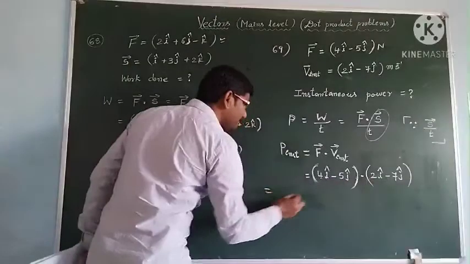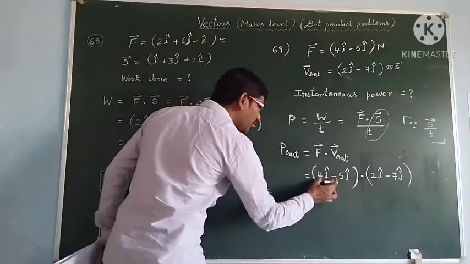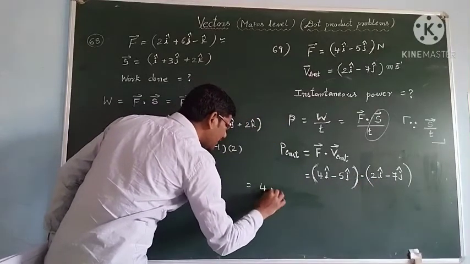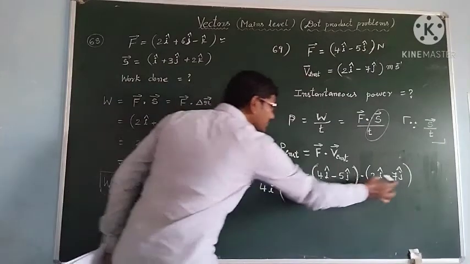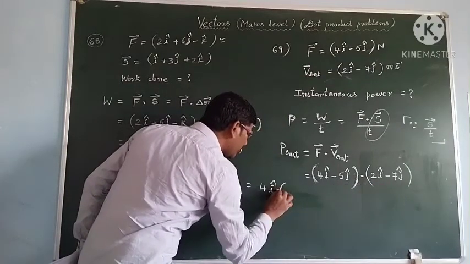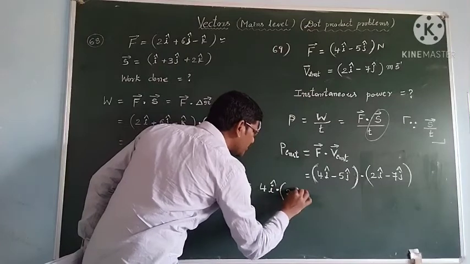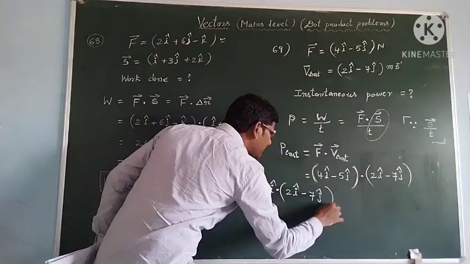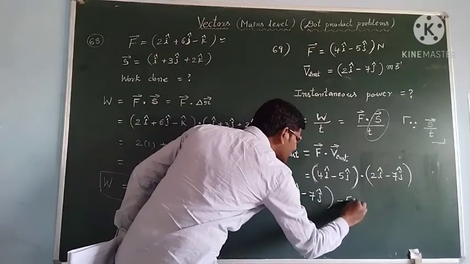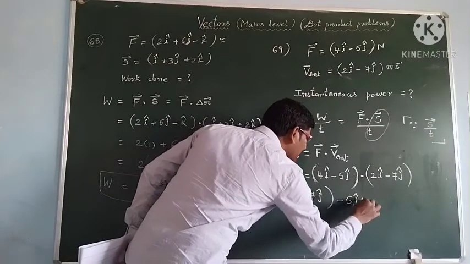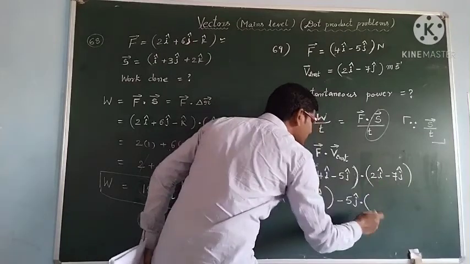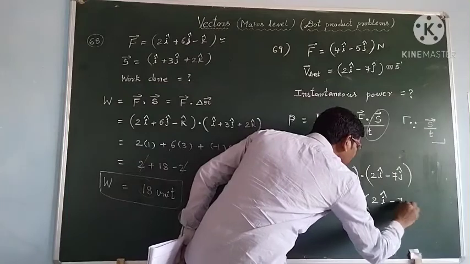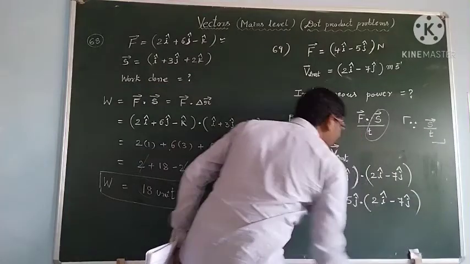With the 4 i cap I should multiply the entire term. So I am writing 4 i cap dot 2 i cap minus 7 j cap, and minus 5 j cap dot 2 i cap minus 7 j cap.